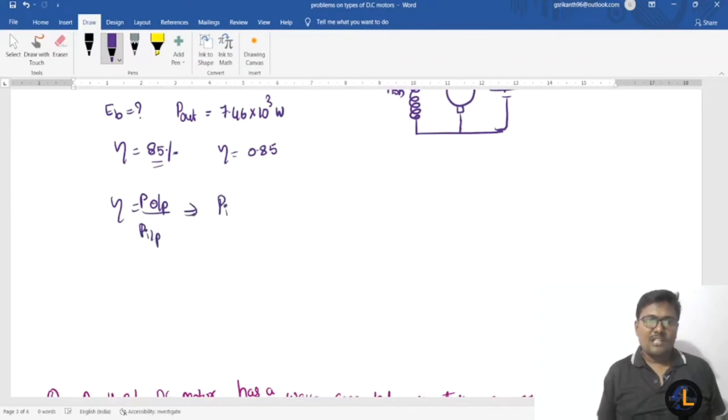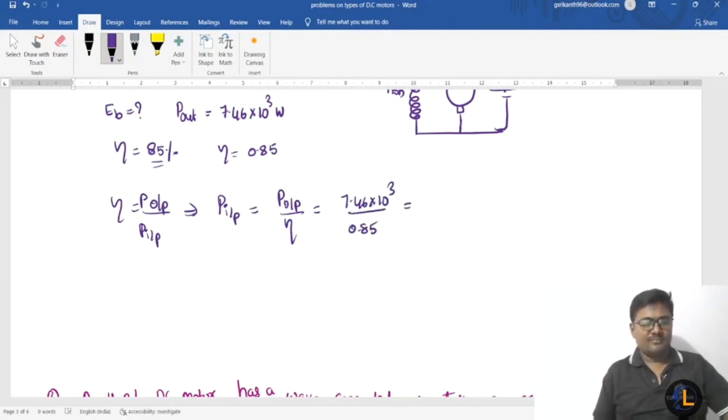So from this you can calculate the input power, which is equal to output power divided by efficiency: 7.46 × 10^3 divided by 0.85. 7.46 divided by 0.85, I got it as 8.7766 kilowatts. This is the input power. So the power input is equal to V into I, that is V I_L.